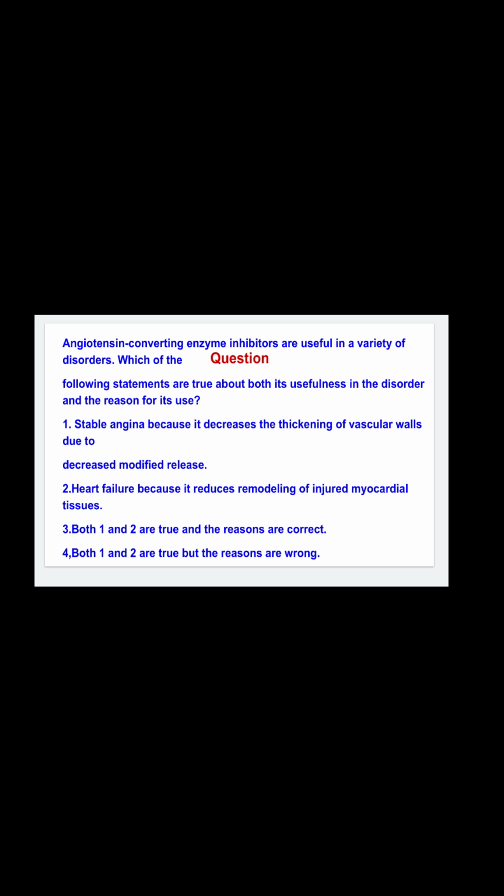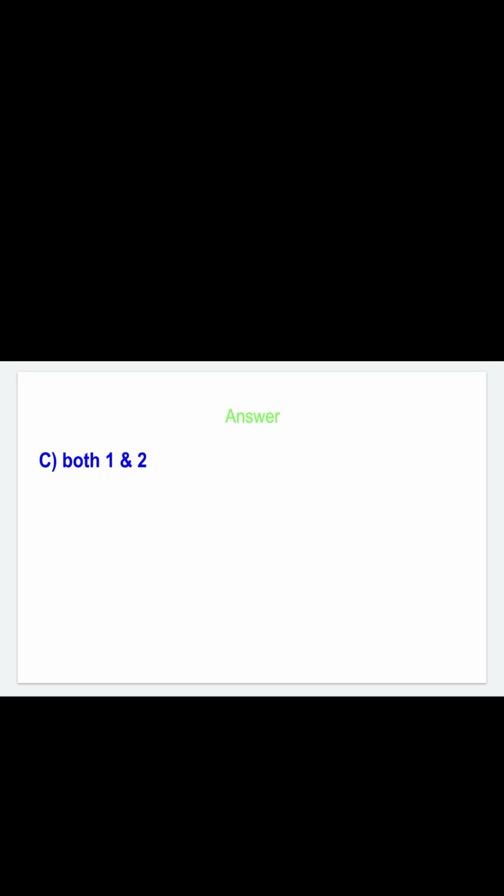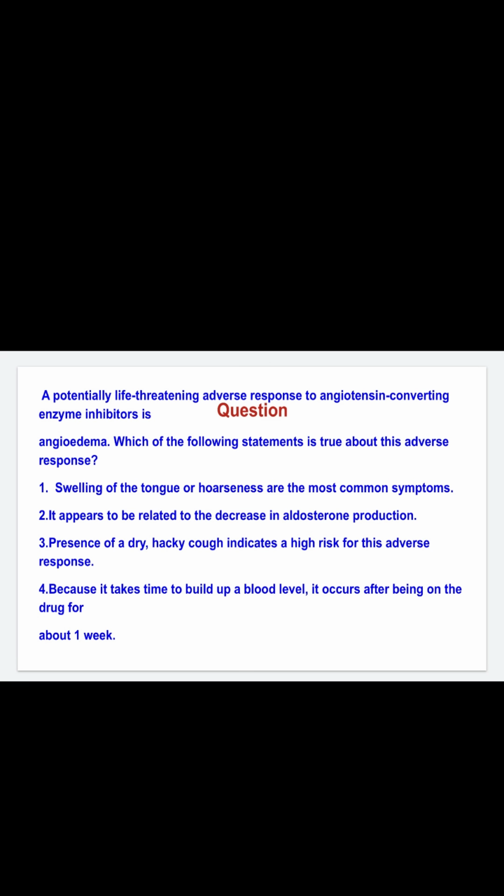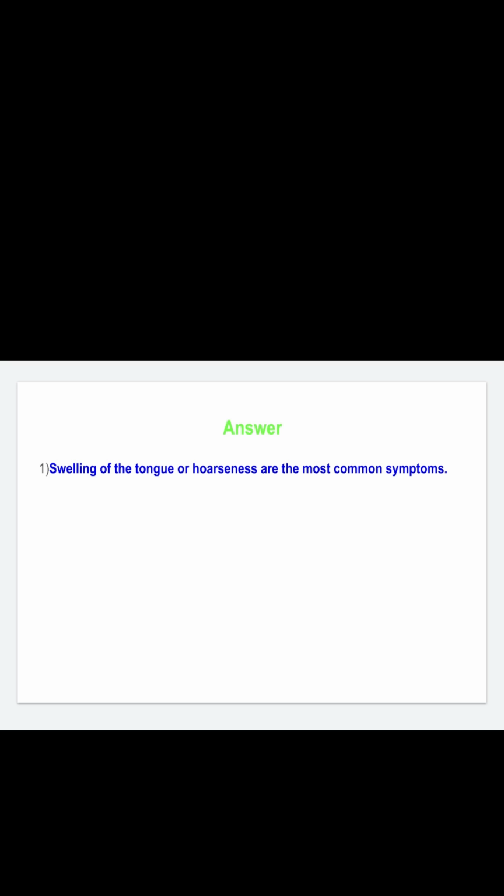Number 2 is heart failure, because it reduces remodeling of injured myocardial tissue. Next question: a potentially life-threatening adverse response to the drug is angioedema. The right answer is swelling of the tongue and hoarseness.